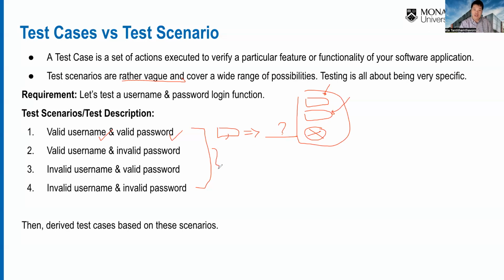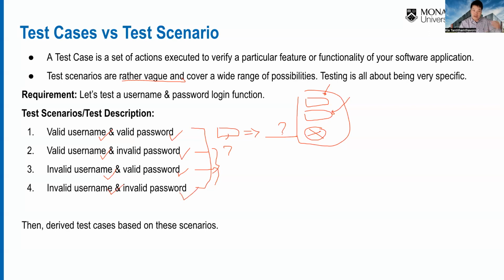But the other 3 cases are about unsuccessful login. So there are 3 possible scenarios. That means valid username but invalid password. Probably it will return some message like your password is invalid, or invalid username but valid password. It is also possible as well. Probably the error message could be your username is not found, right?